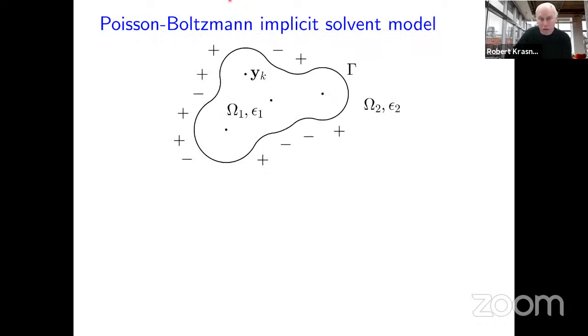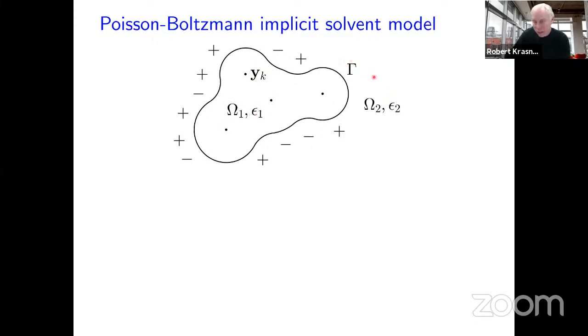So we're interested in the Poisson-Boltzmann implicit solvent model. And I became interested in this working with Weihua Geng around 10 years ago. And so we have this representation of a protein with discrete charges located at yk. And omega-1 is the protein domain. It has a dielectric constant epsilon-1.